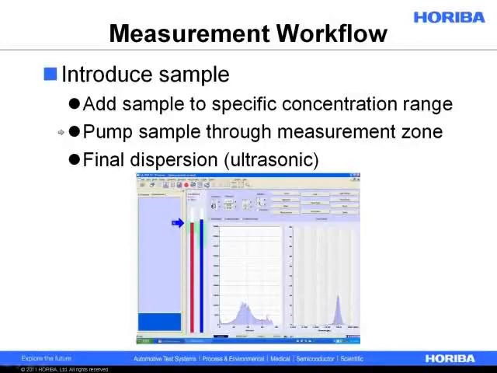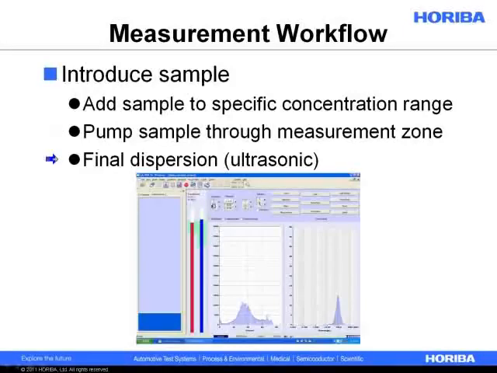So once you've added enough sample to the analyzer, you want to pump it through the measurement zone. Unless you are dealing with a very small material that has density very close to whatever liquid you're using to pump through the instrument, it's going to settle out over time. And because it's going to settle out, you need to turn on a circulation pump, or if you're doing a dry powder measurement, you're going to turn on compressed air and a vacuum to make sure that everything's moving through the system.